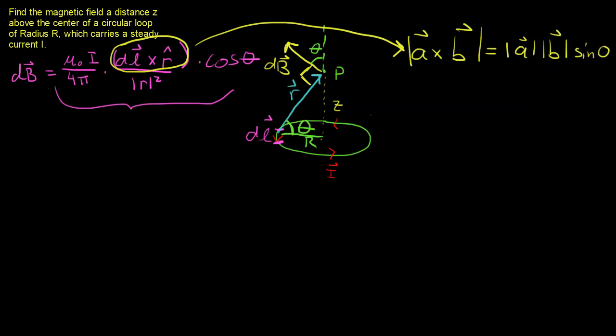Now, I don't want to use theta because we have a different theta here, so I'll call it phi. That's the angle between the two vectors. Now, what is the angle between dl and r? Because really what we're working on here is dl cross r hat. So this is going to be the magnitude of dl times the magnitude of r hat times the sine of the angle between them.